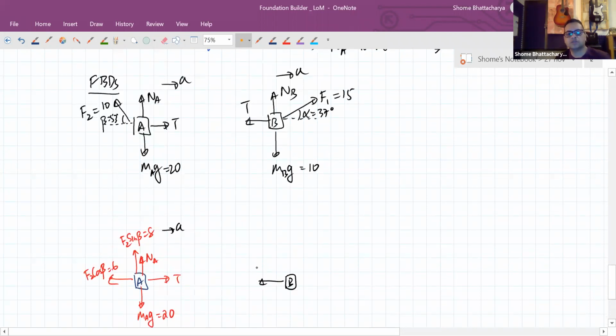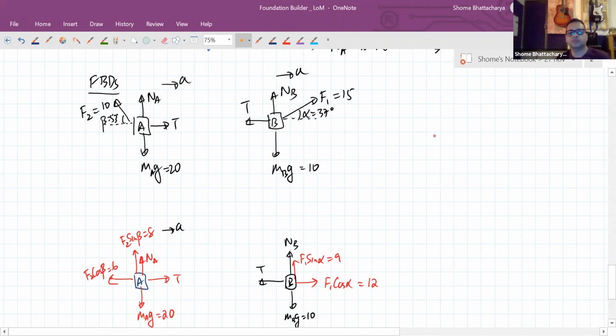Now similarly, you make the free body diagram of this one and resolve the forces. So there is tension, normal reaction, weight, which is 10 newtons. On resolving this force, you have F1 cos alpha, so that will become how much? 12 newtons. And you have F1 sin alpha, so that will become how much? 9.